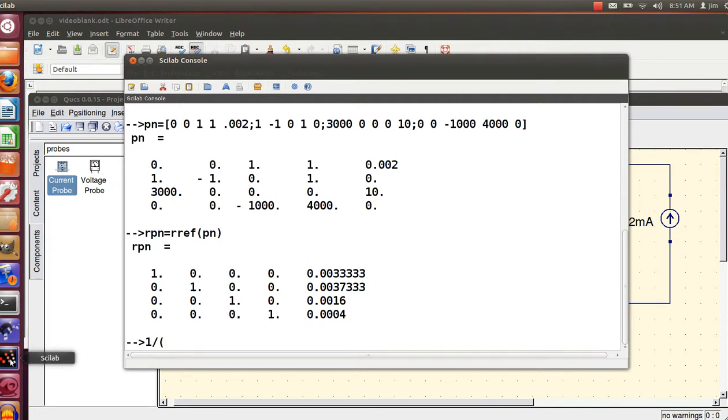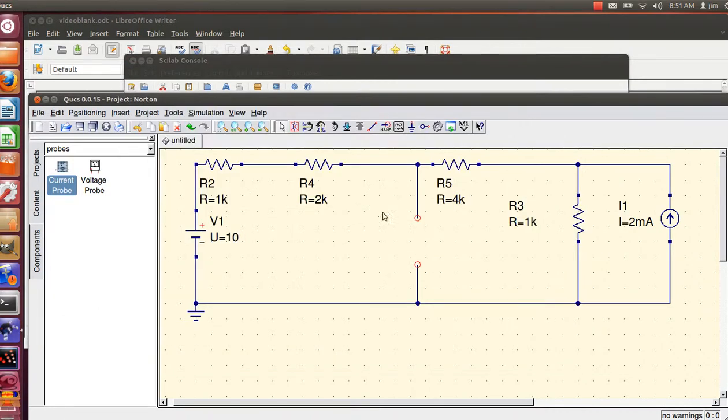So I've got 1 divided by 3,000 plus 1 divided by 5,000. And this is the parallel network. I simplified it from a series standpoint. Before I hit enter, I'm going to go back and look at the circuit to make sure it's right. 5,000, 3,000, we're good to go.